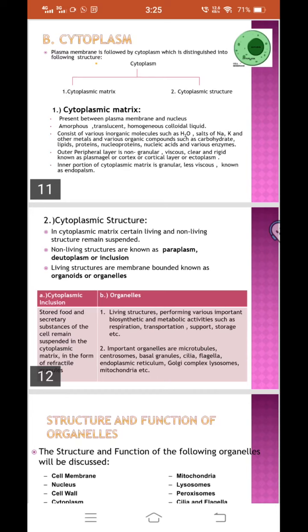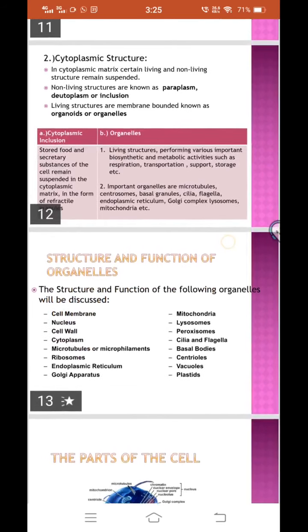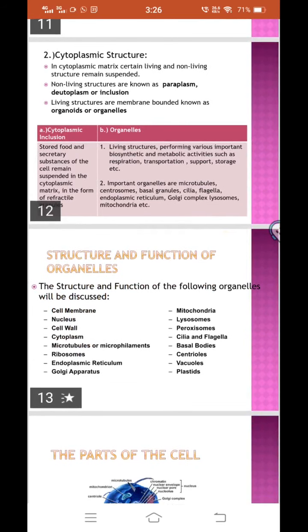Now these organelles or organoids are the living structures. They perform various important biosynthetic and other activities in the cell, such as respiration, transportation, storage. All these activities which are performed by the cell are done with the help of different organelles which are present in the cell.